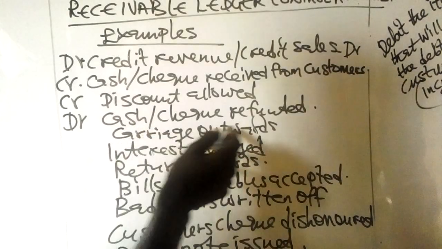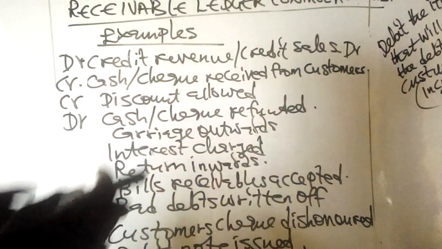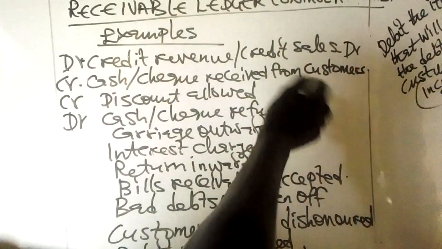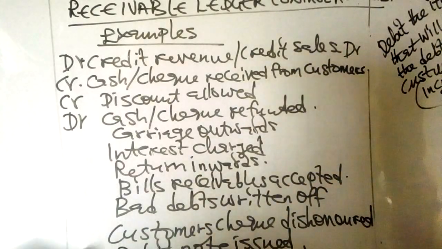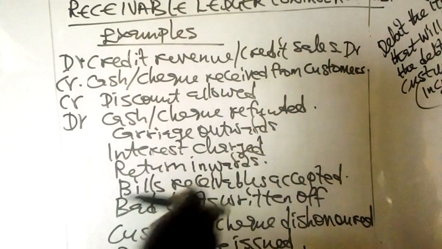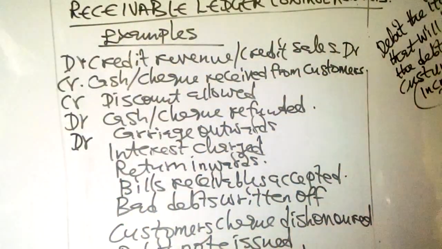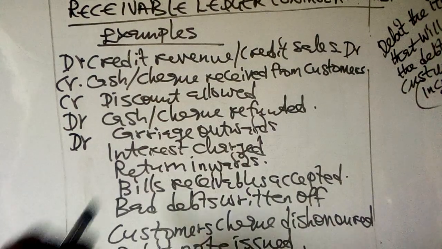The cost of that transportation has to form part of the value of that item. That means you are going to add it to the sales price of the item. So the value has now increased from 20,000 to 21,000. So carriage outwards will lead to an increase in the amount the customers were owing. So you debit it. Interest charge.